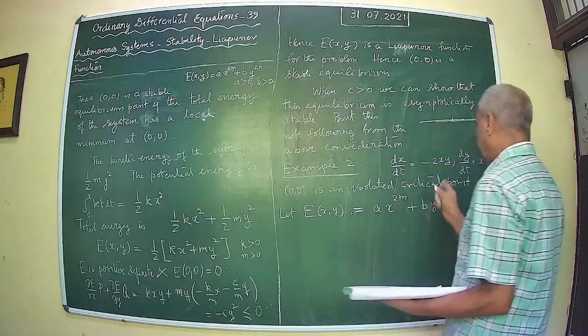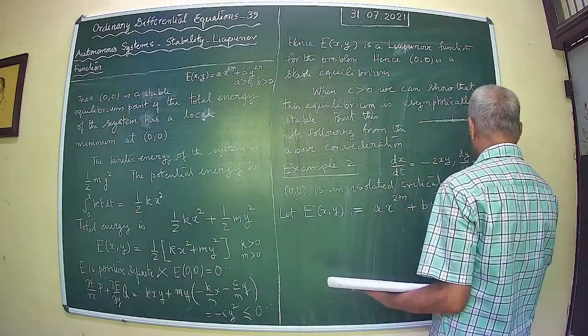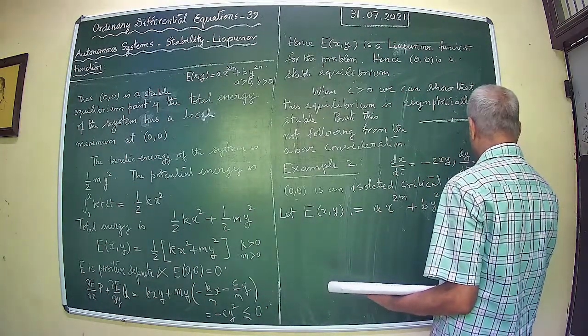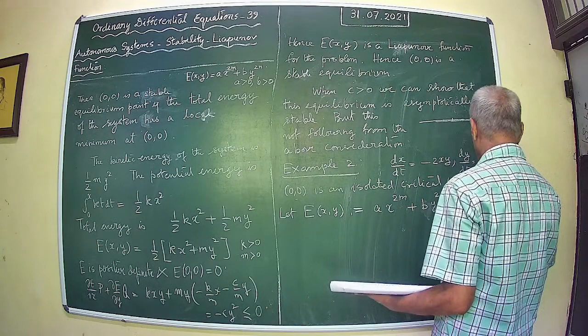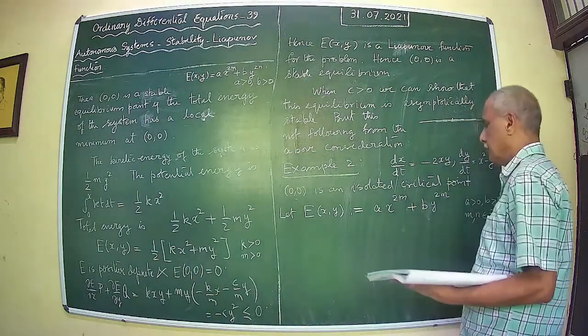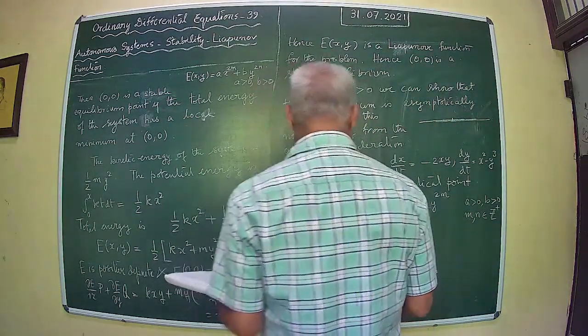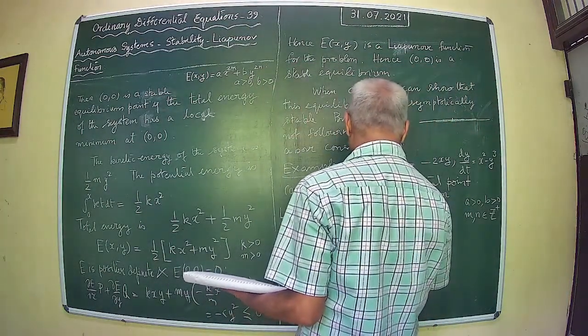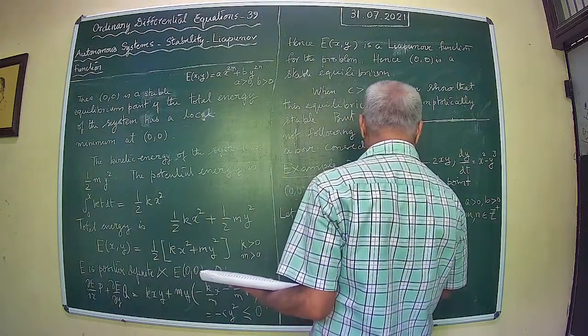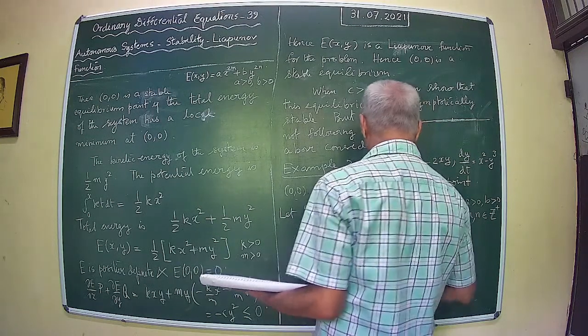So we have 4 parameters: a positive, b positive, m, n positive integers. Okay. Then you see that this is greater than or equal to 0 and E(0, 0) is 0.